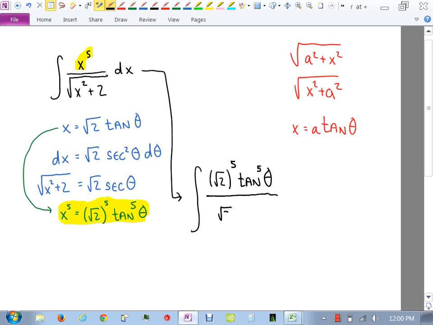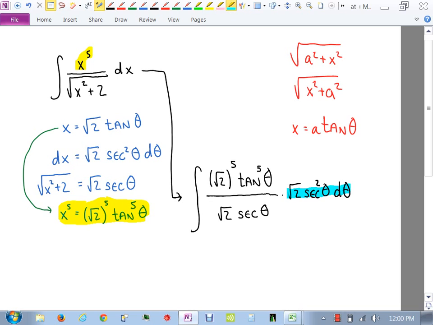Square root 2 secant theta. Okay, and then what was my dx? Don't forget your dx. Square root of 2 secant theta tangent. Oh, secant squared. Oops. Secant squared theta, d theta.